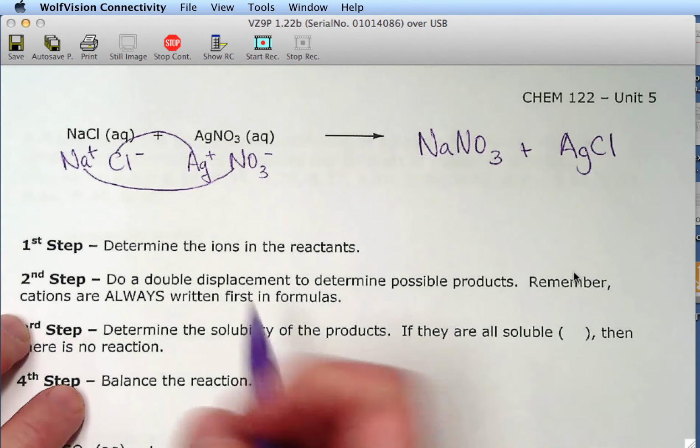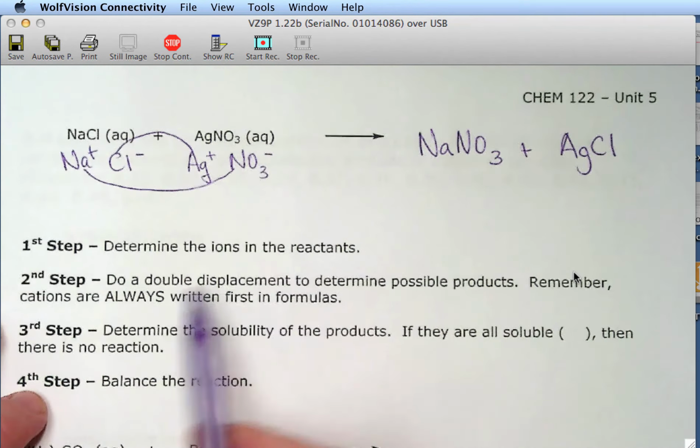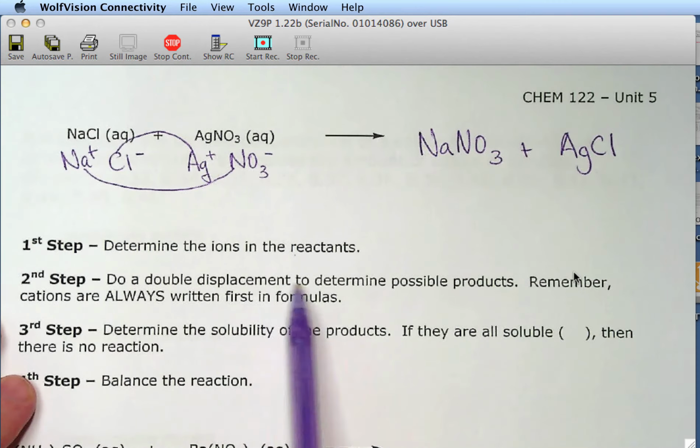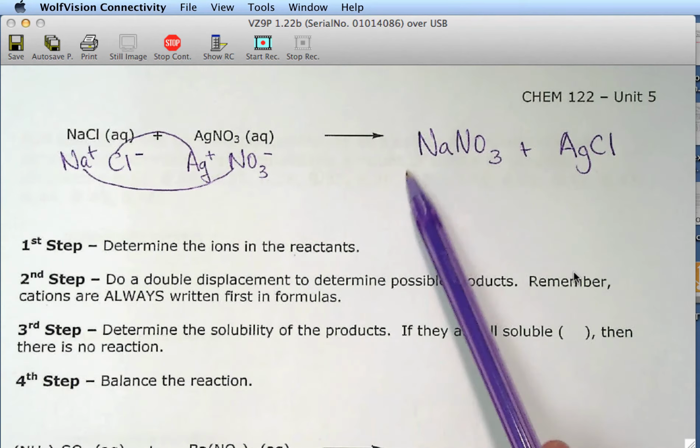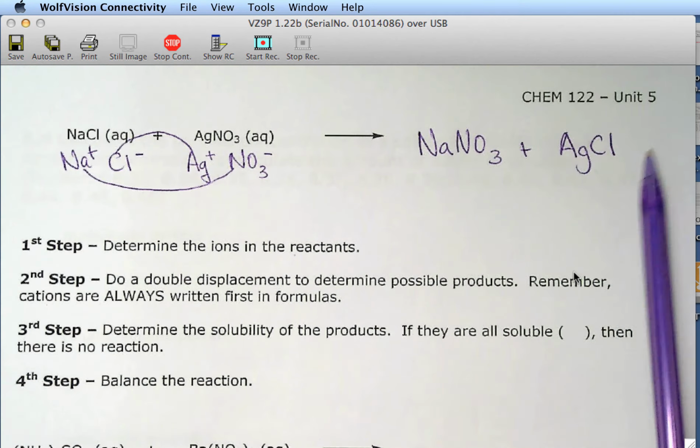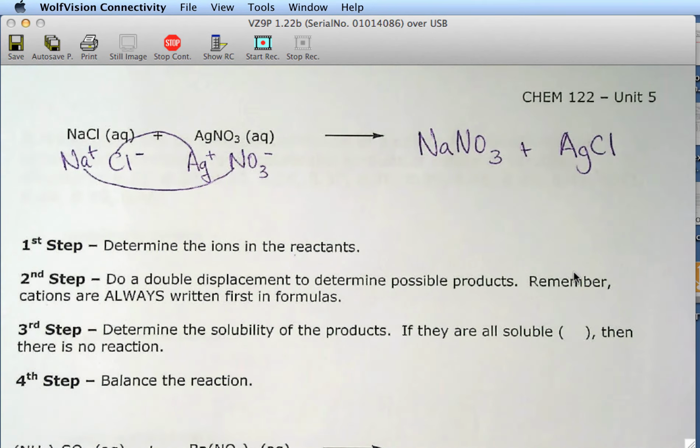Okay, so you've determined the ions in the reactants. The second step is to do a double displacement to determine the possible products. Remember, cations are always written first in the formulas. Now, I want to say right here, if you had written AgCl first and sodium nitrate second, that's fine, as long as both of those products are on the right side of the arrow.